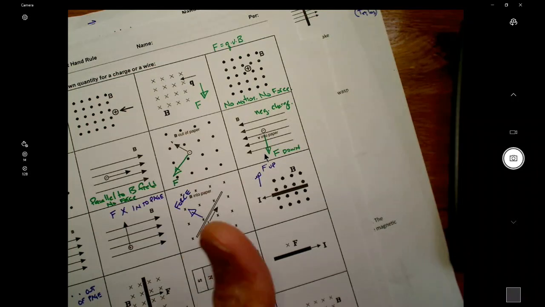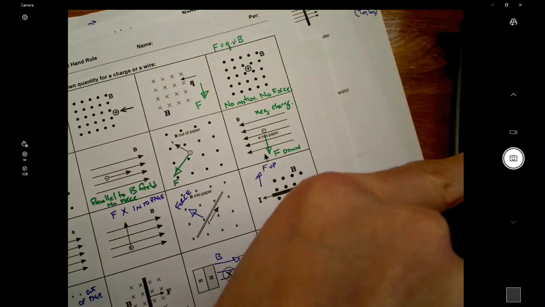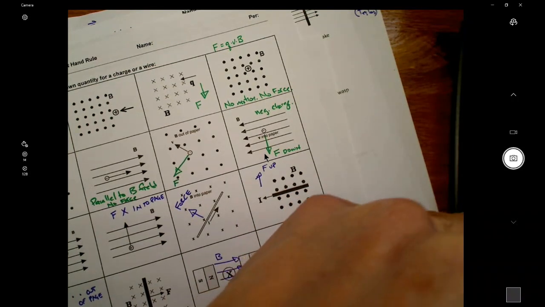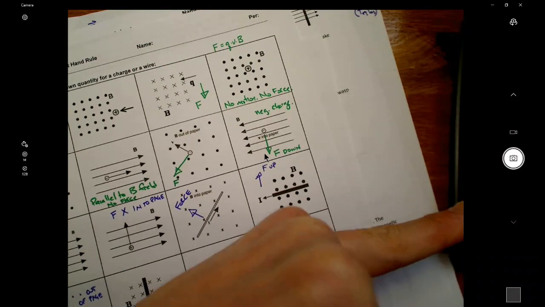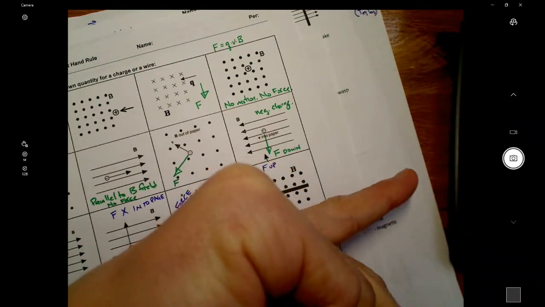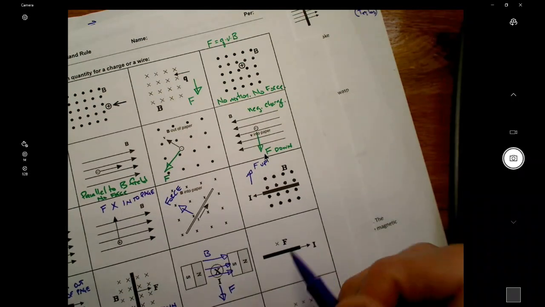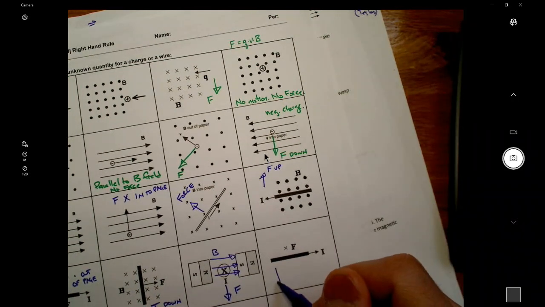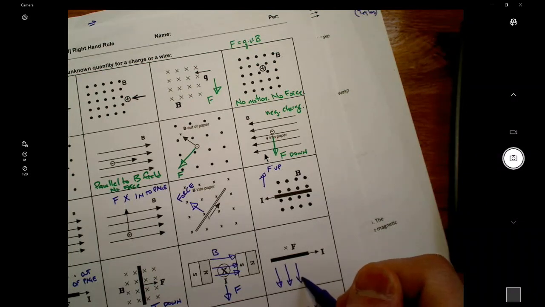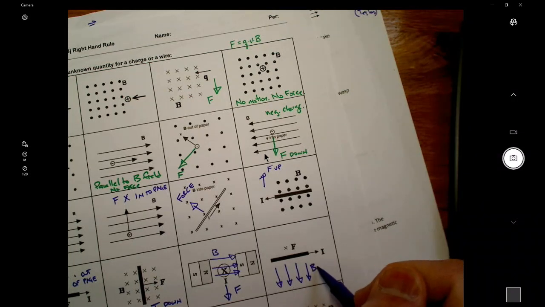My thumb is going into the page this way. And my last finger, my middle finger, is going down. So I know that in order for this to be felt, there must be a magnetic field down.